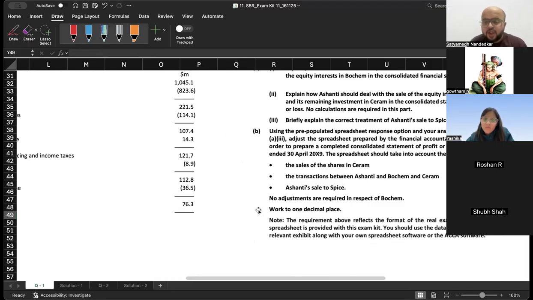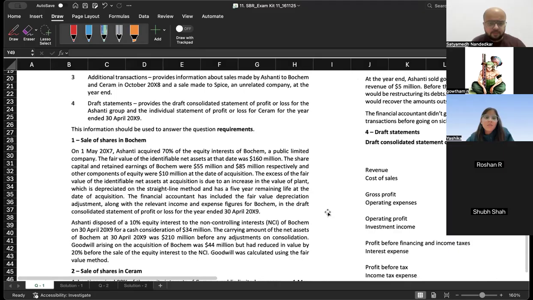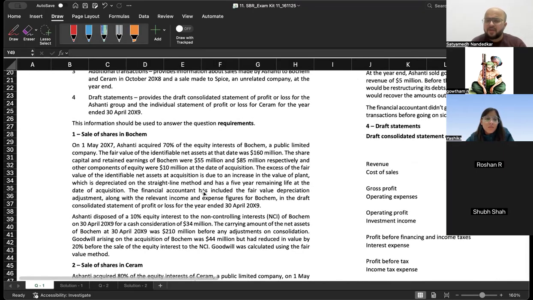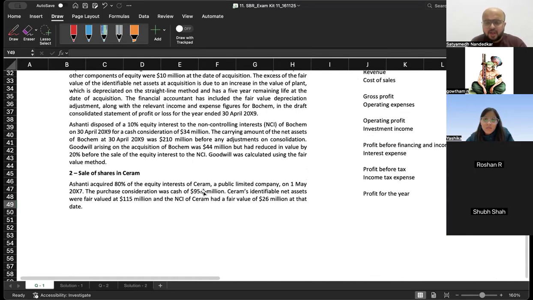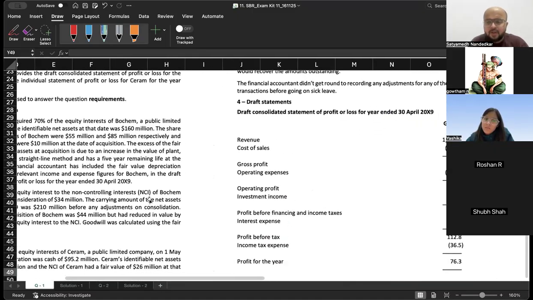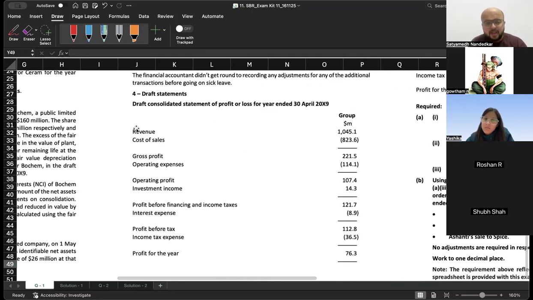The spreadsheet should take into account sale of shares in Serum, transactions between Ashanti, Bokem and Serum, Ashanti's sale to Spice. No adjustments are required in respect of Bokem. Work to one decimal place. The Bokem part is only the other component of equity part, right? And then there is that additional depreciation thing which has already been included. Now this Serum company was sold 6 months down the line.